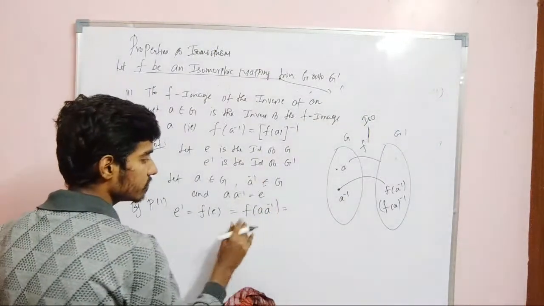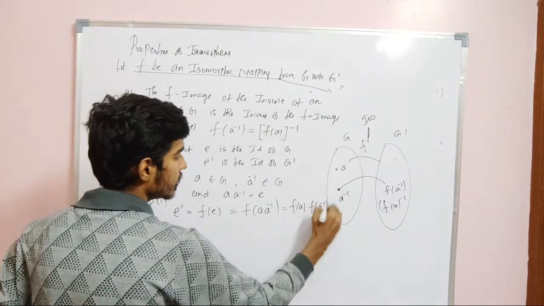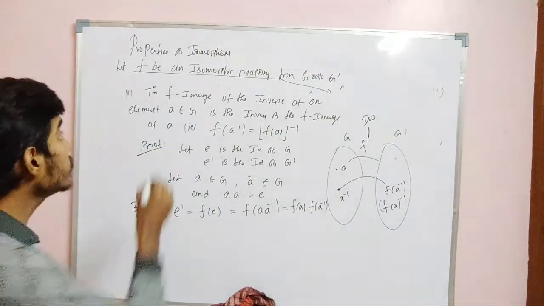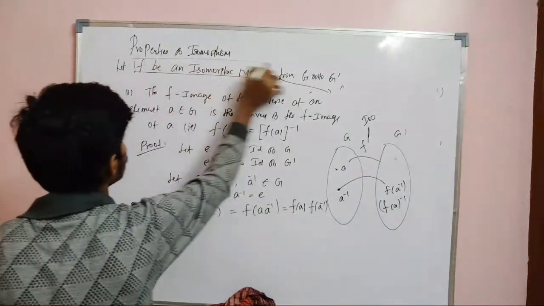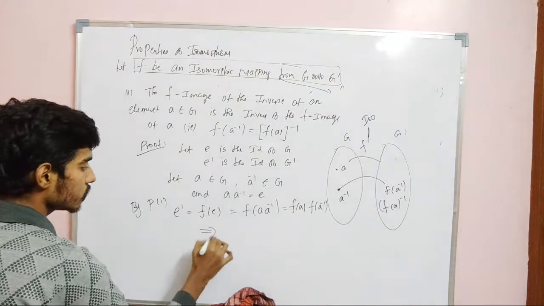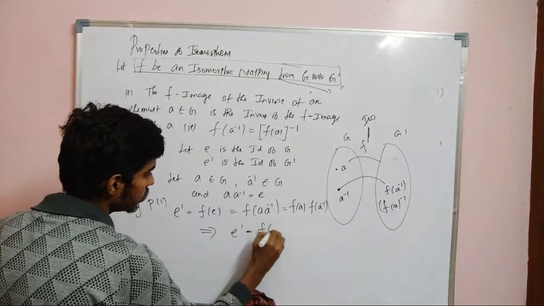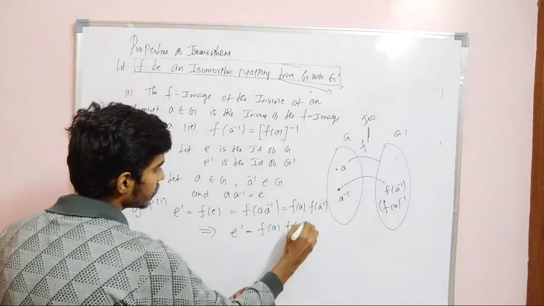Since f is an isomorphism, I can write f of a into f of a inverse. It is given that f is an isomorphism, then only I can write this. So we have e dash is equal to f of a into f of a inverse.